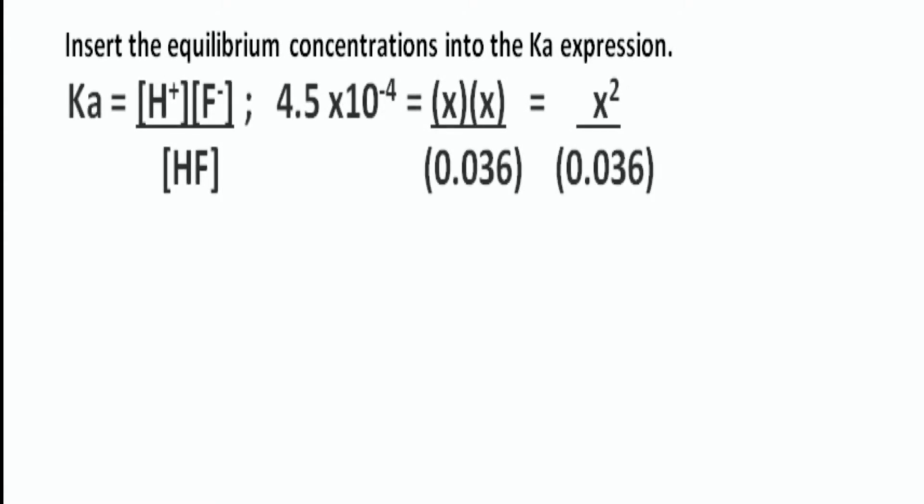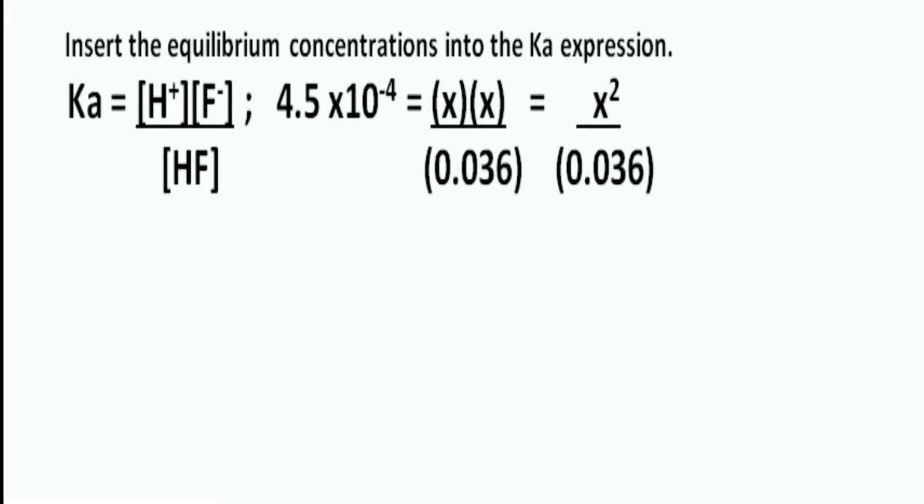Now we have enough information to insert the equilibrium concentrations into the Ka expression. Remember, Ka is equal to the concentration of hydrogen ion times the concentration of the fluoride ion divided by the concentration of hydrofluoric acid. Therefore, 4.5 times 10 to the minus 4 is equal to X times X divided by 0.036.